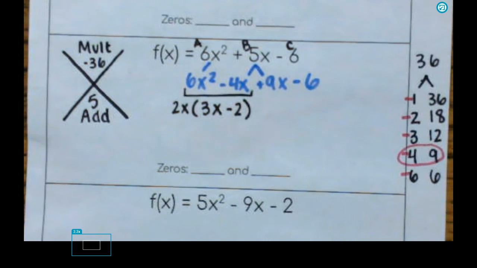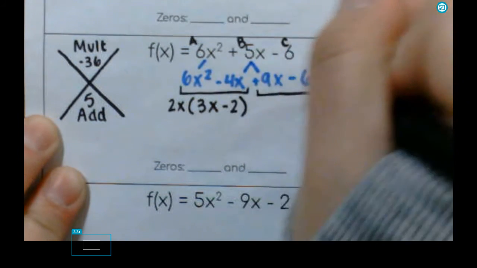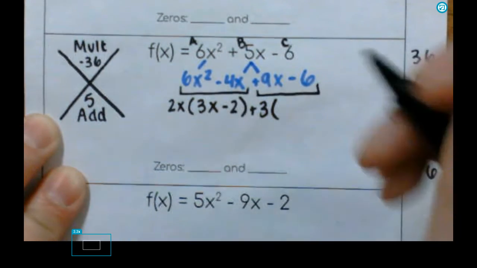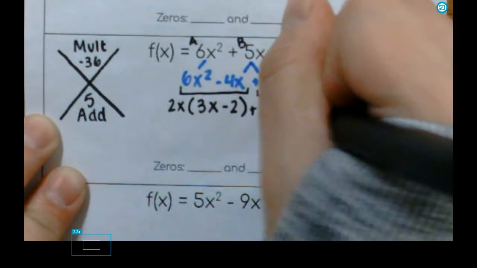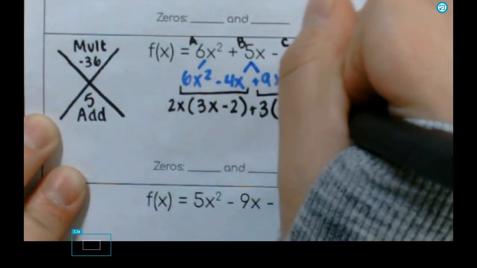Okay. And then for the 9x and the negative 6, what can we divide 9 and 6 both by? 3. So we can divide out a 3 here. 9x divided by 3 is going to be 3x. Negative 6 divided by 3 is going to be negative 2.